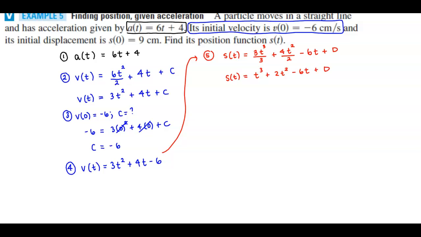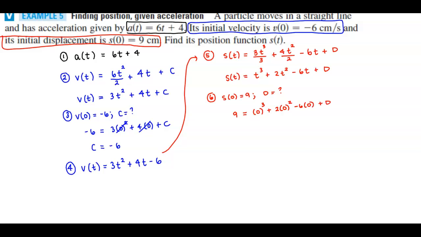Now, what do we know? We know that the initial displacement s of 0 is equal to 9, and we're looking for the constant d. So s of t equals 9 when t is 0: 0 cubed plus 2 times 0 squared minus 6 times 0 plus d.